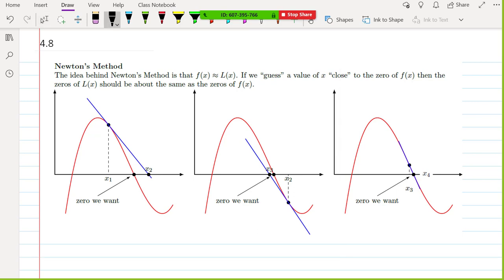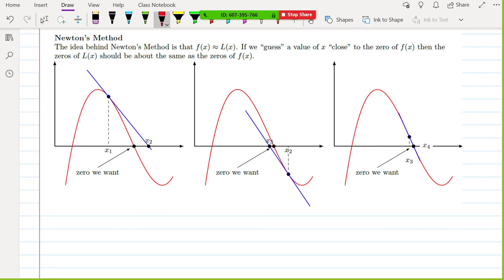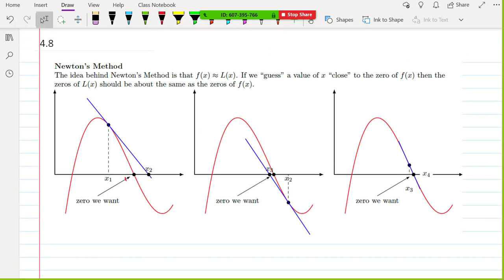So if we look at this picture we have right here, we're trying to find this 0 right here of our red curve. So the idea behind Newton's method is we guess some value close to what we're trying to find. So we would guess x1, and then we go up and we find the tangent line to the curve at x1.